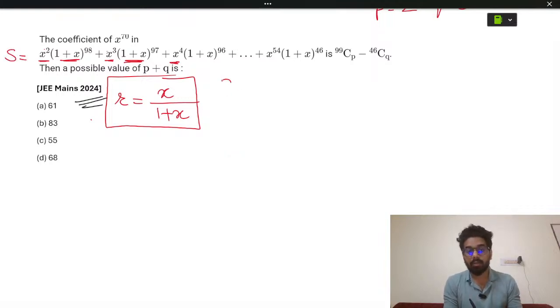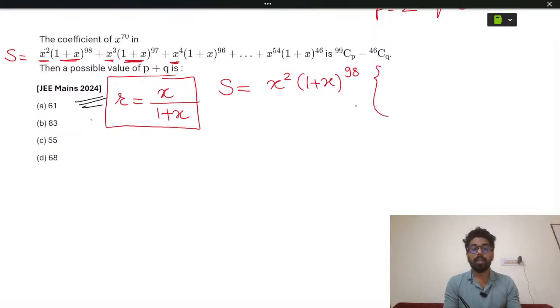So, I can write this summation S is equal to the first term. What is the first term? X square into (1 plus x) power 98, multiply. Now, common ratio, okay. So, 1 minus common ratio whole power n.